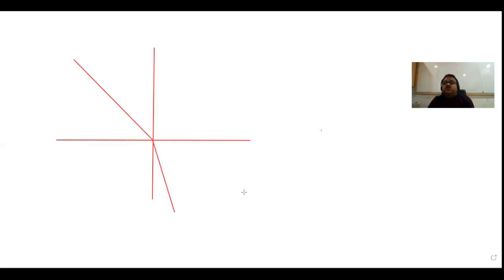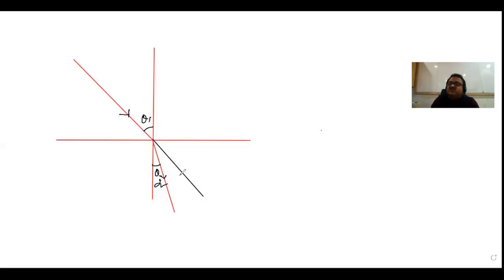So what I mean to say by deviation, look, if I draw another line on it, this is the actual path along which light was going initially, clear? But what happens after falling on this surface? It follows this path. So if you check this angle, it is theta1 and it is theta2.